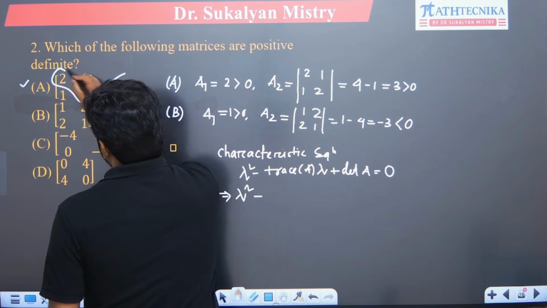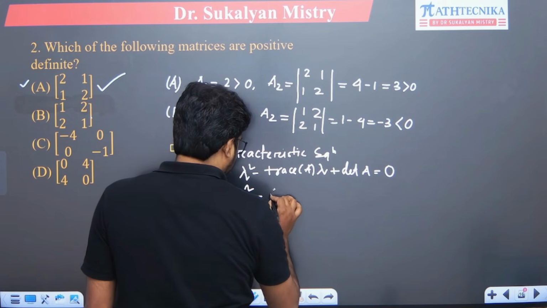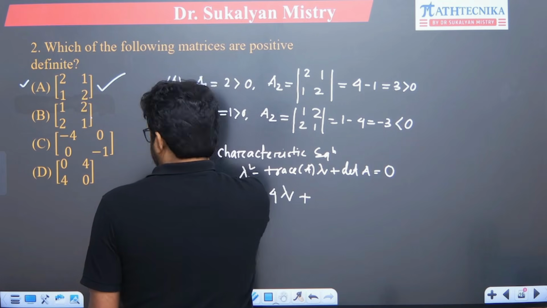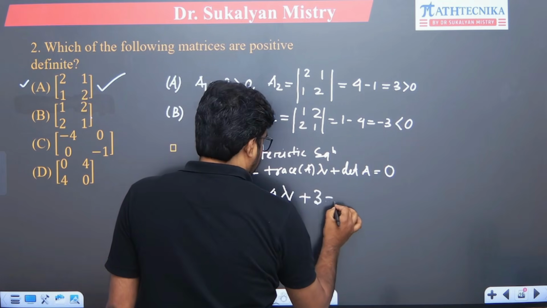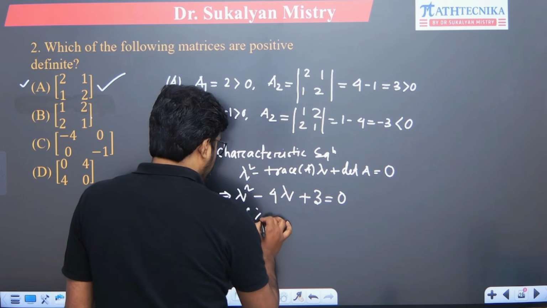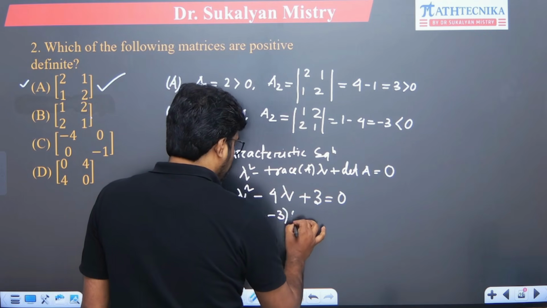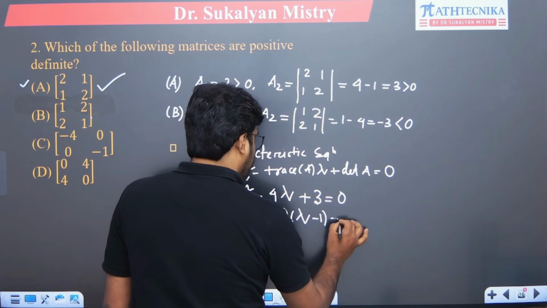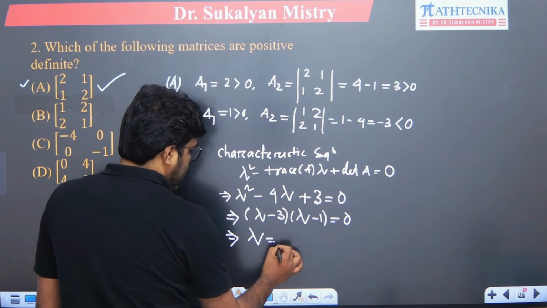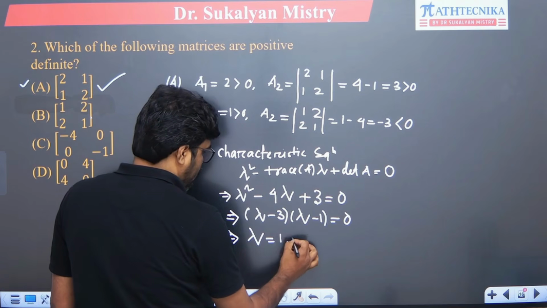Trace is the sum of the diagonal elements, that means 4, so minus 4 lambda plus the determinant. Determinant is 4 minus 1, that is 3, right? So if we factorize this, lambda minus 3 into lambda minus 1 is equal to 0, right? So the eigenvalues are 1, 3.